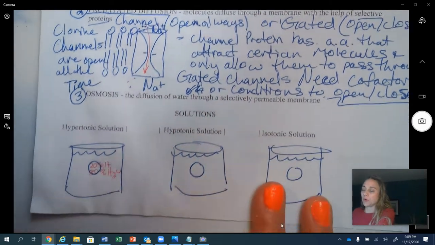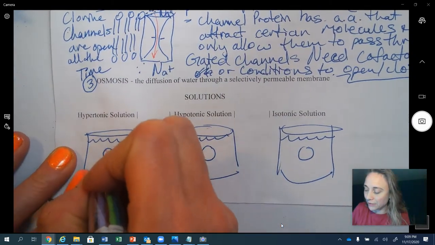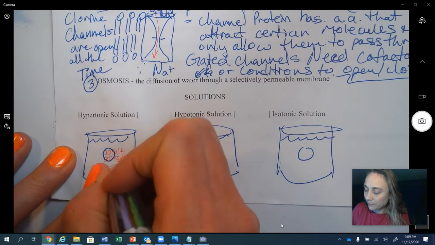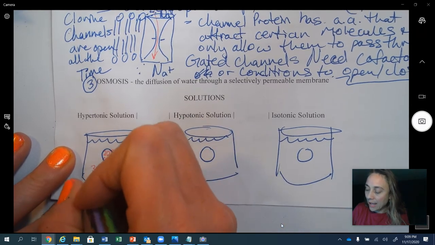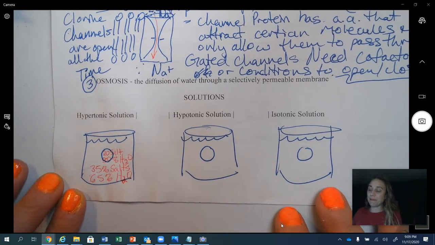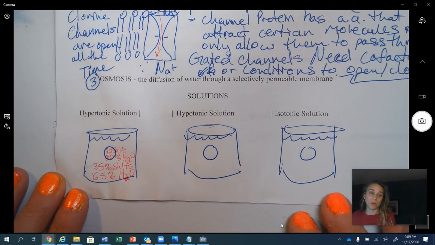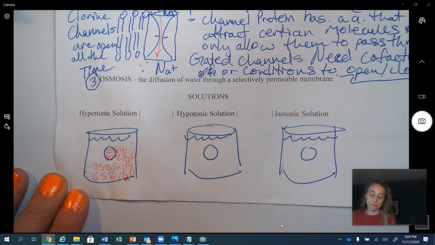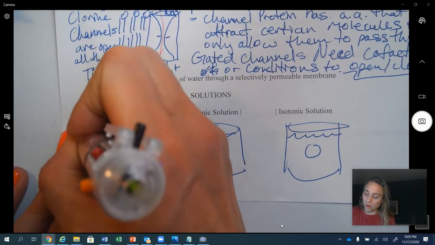And then the liquid around it is, let's say, 35% salt, so it's saltier, with more dissolved solids, and 65% water. So if the solution is hypertonic to the cell, we're talking about salty water.